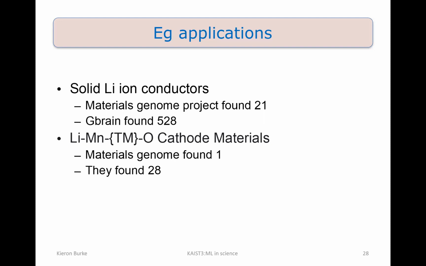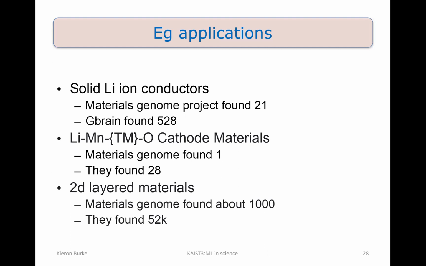These lithium manganese transition metal oxygen cathode materials: Materials genome found 1, they found 28. 2D layered materials, again, a very important topic. The materials genome has found about 1,000 of them. They found 52,000. Now, all of these are computational, right?